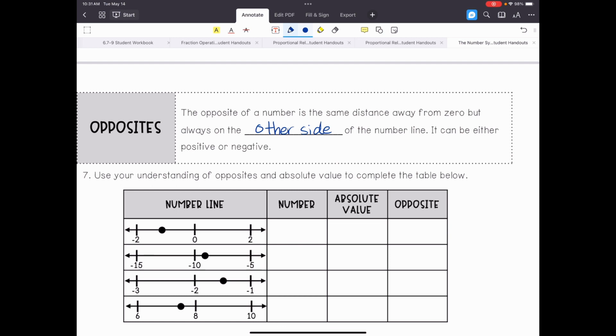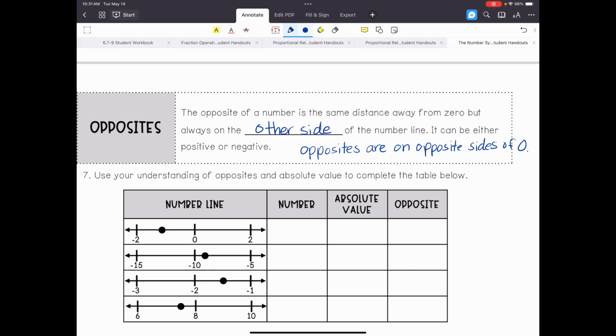And remember, opposites are on opposite sides of 0 being that reference point. So when it says on the other side, it means the other side of the 0.